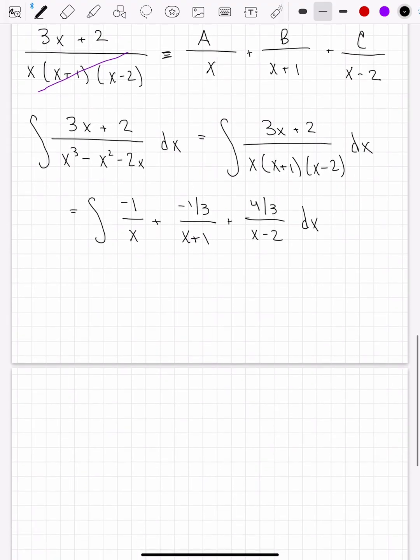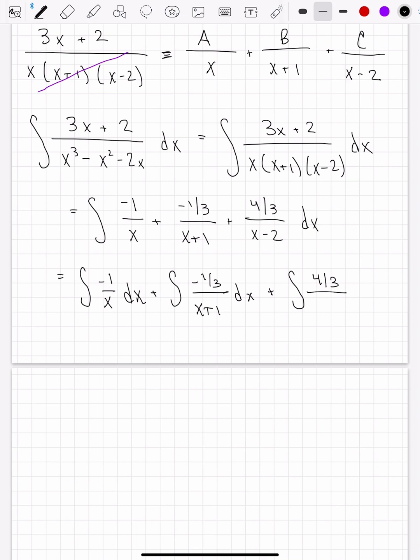Right, so we can see this as 3 separate integrals, right? We can do the integral of -1 over x dx plus the integral of -1/3 over x plus 1 dx plus the integral of 4/3 over x minus 2 dx.